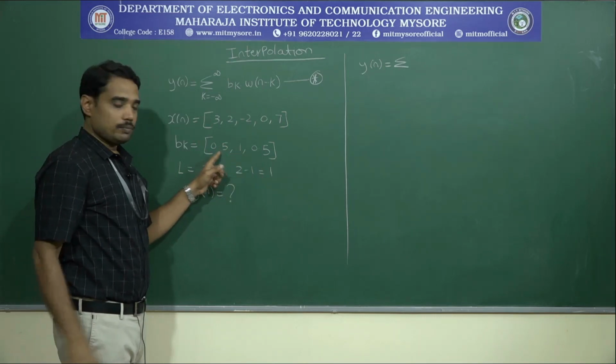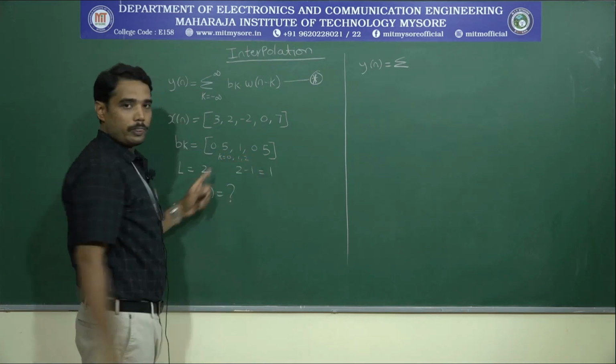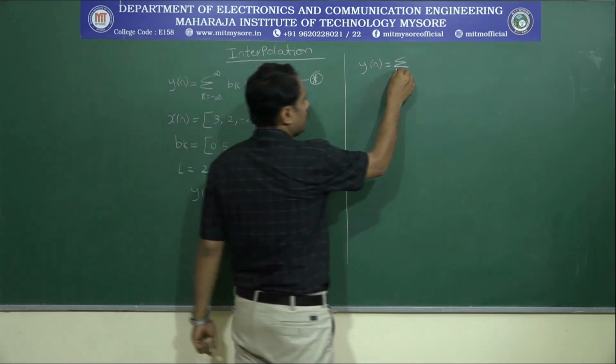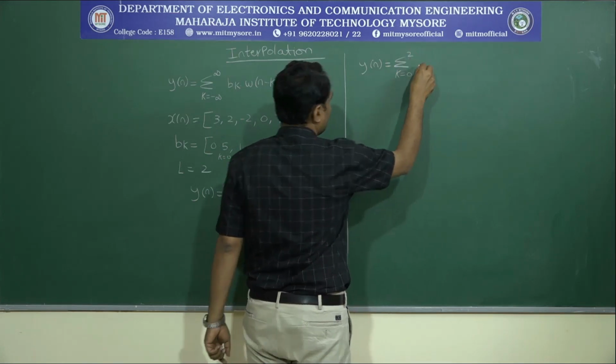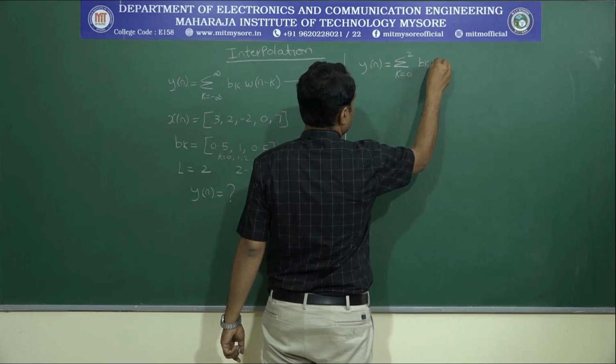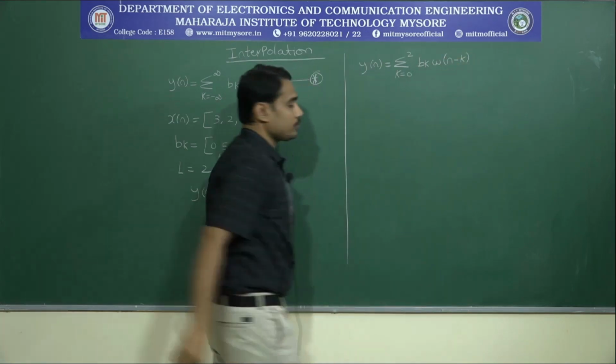The k varies from k is equal to 0, 1, 2. With this I can write the sum over k is equal to 0 to 2 of bk w of n minus k.